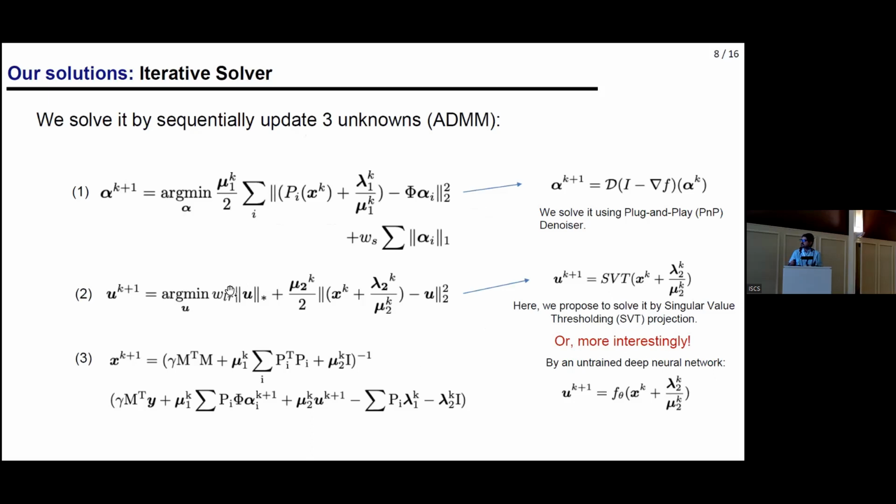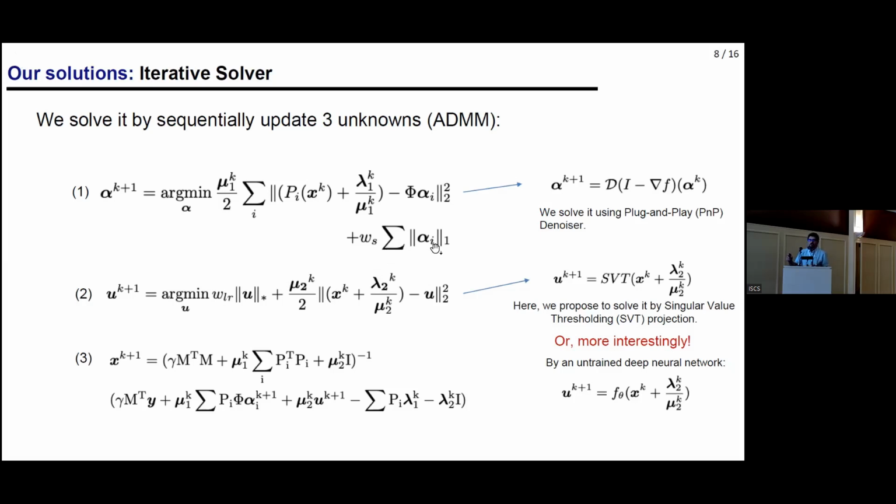Then you update based on u. Then you update based on x. And then you apply some constraint to push x and u together to become equal.